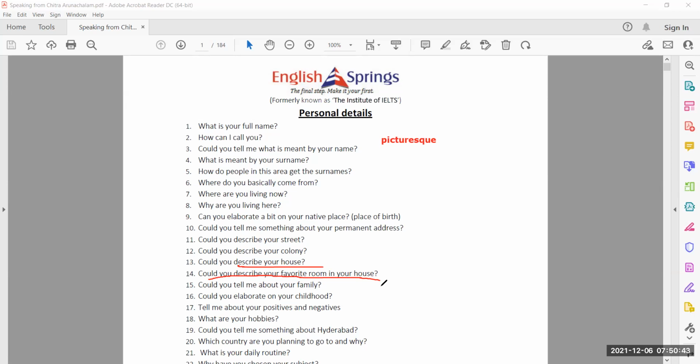I want everybody to prepare for this. I'll just give you 30 seconds. I want volunteers to come forward and make use of the opportunity. You can talk either about your house or about your favorite room. Let me give you 30 seconds.